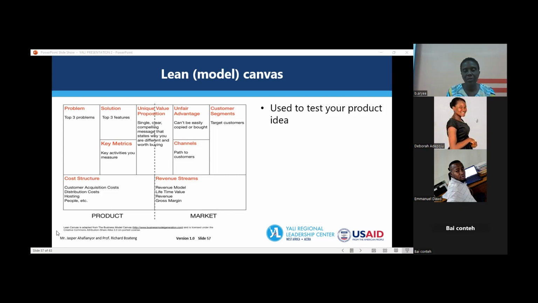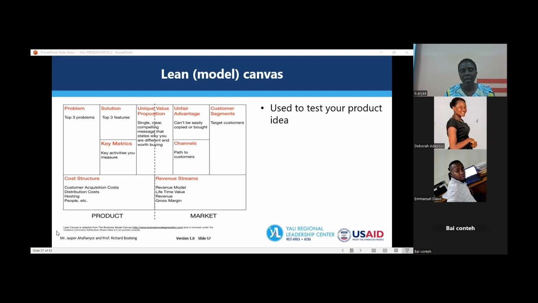So you're going to say to yourself, customer acquisition costs, distribution costs, hosting costs, people costs, all of these things will be costs that you're projecting, this is how much. So if you were doing a cost structure, how much will you put aside for customer acquisition? Your customer acquisition might just be the first 10 people, for example, as you're now beginning to set up the business.